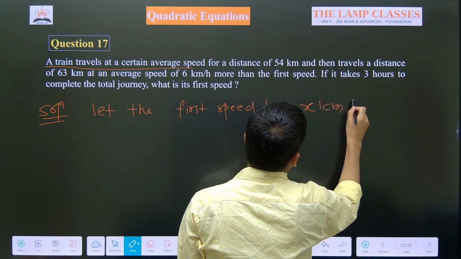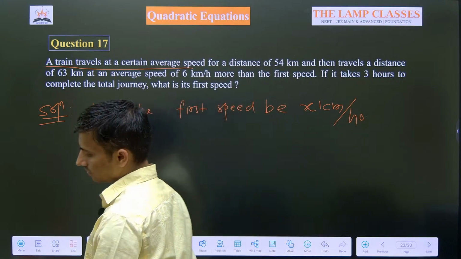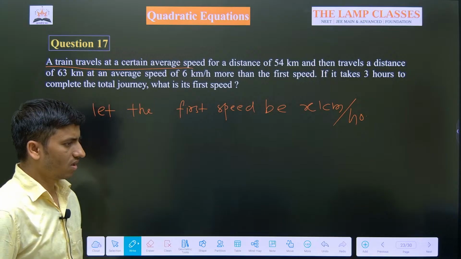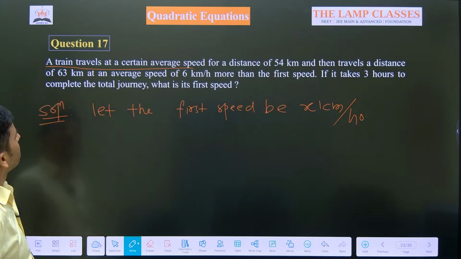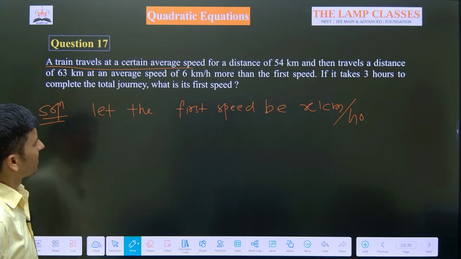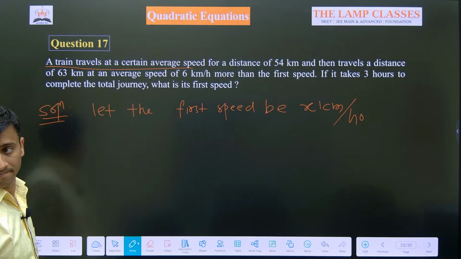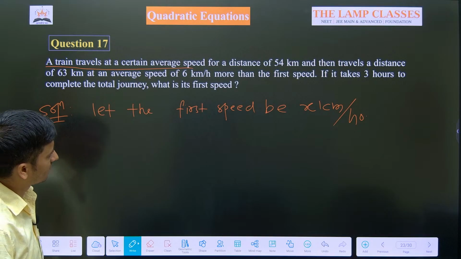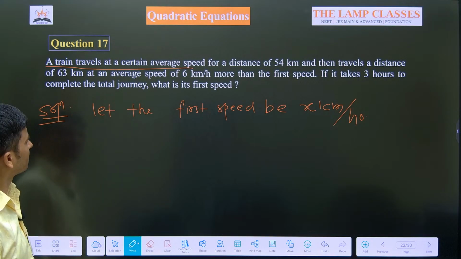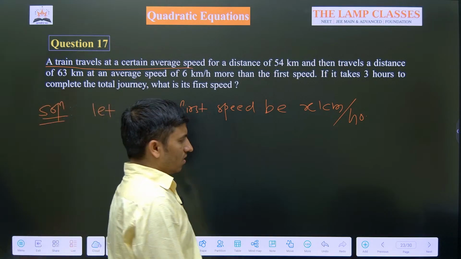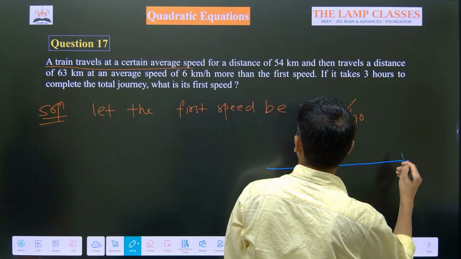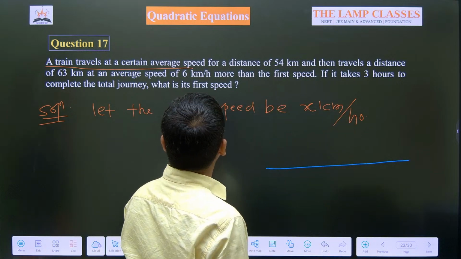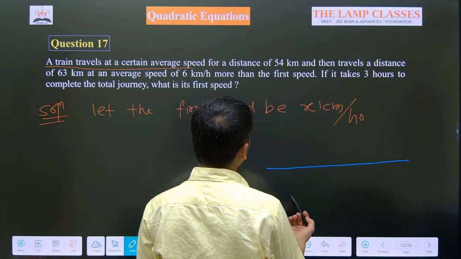Yeah, you can start by assuming that the original speed is x kilometers per hour. So you have to travel this journey at a certain average speed, with 54 kilometers.